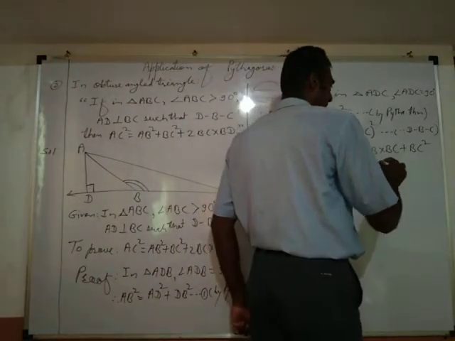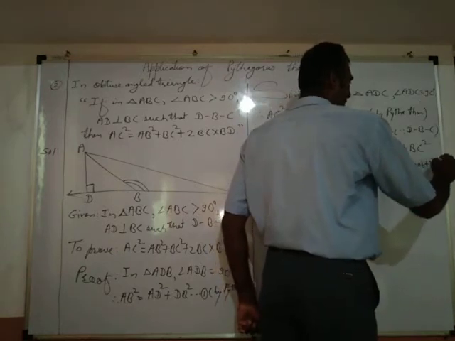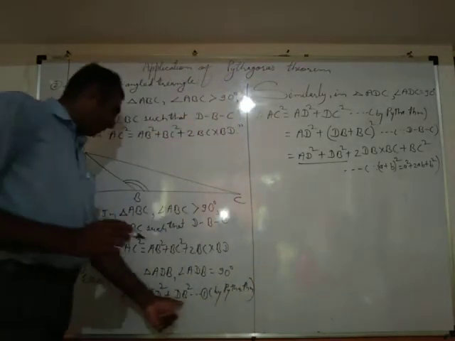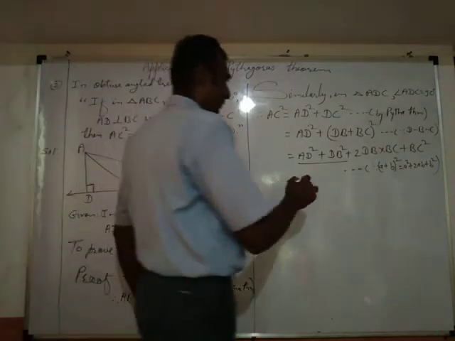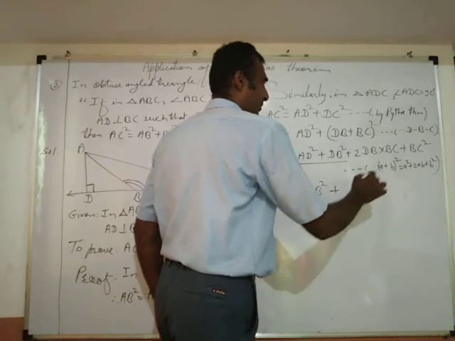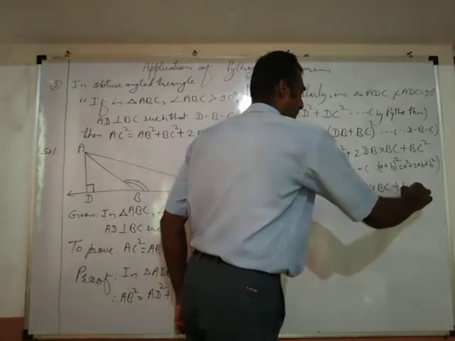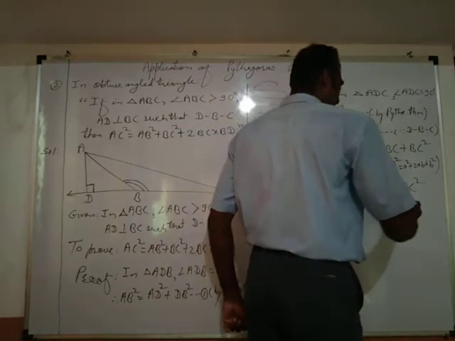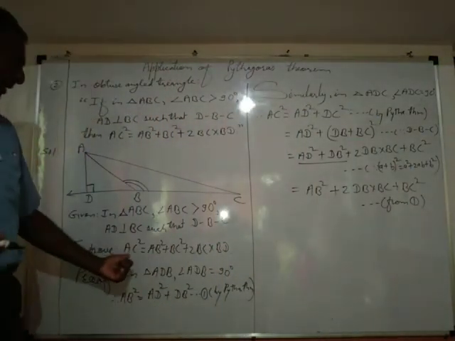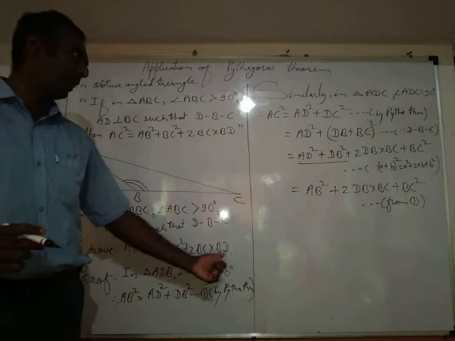Now AD square plus DB square is AB square. Let's write it as AB square plus twice of DB into BC plus BC square from 1, and to get a result as AC square equals AB square plus BC square plus twice of BC into BD.